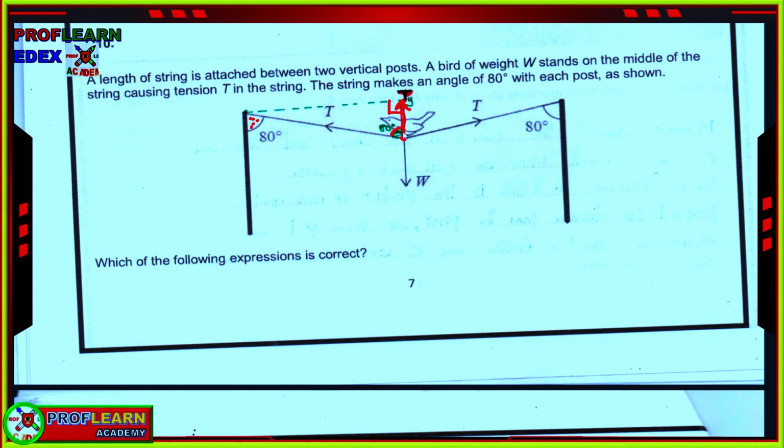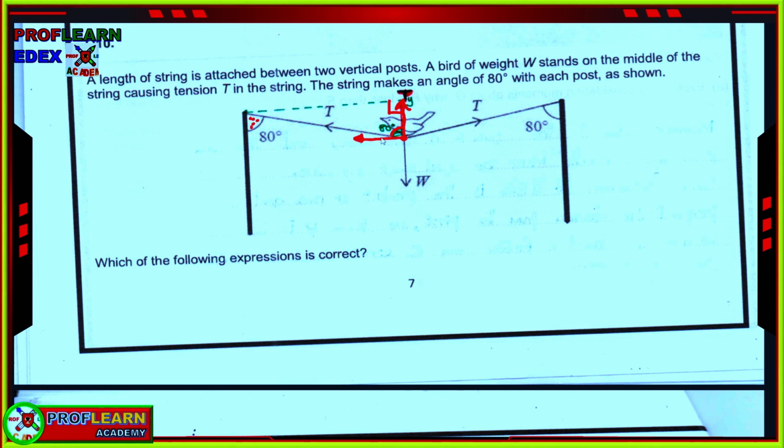Now, what will be the vertical component of this tension? As this string is pulling in this direction, there will be a vertical component, and also a horizontal component. But now we are focusing on the vertical component.